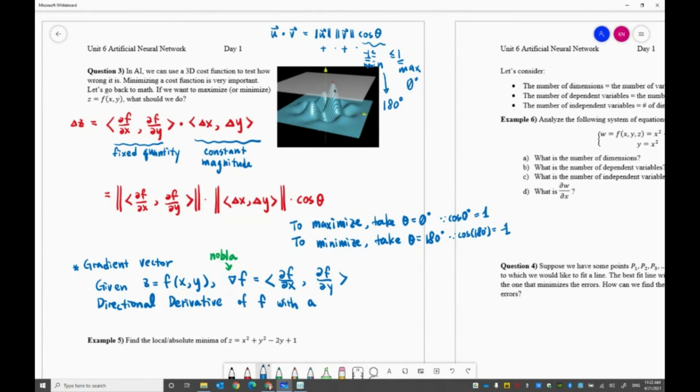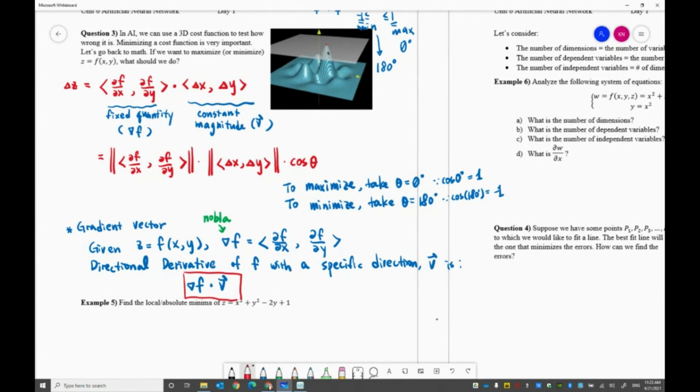So constant magnitude becomes my specific direction. I'm going to try a different value each time to go to my goal direction. So for a specific direction vector v, this one is vector v, and this one now becomes nabla f. Nabla f dot product vector v. So this is still a dot product.